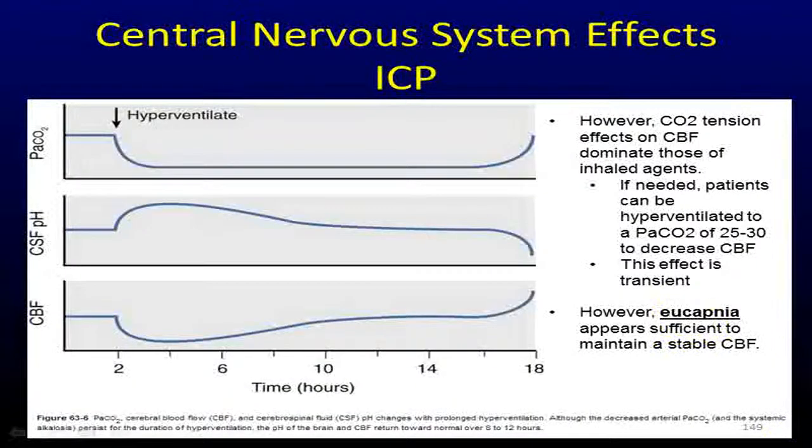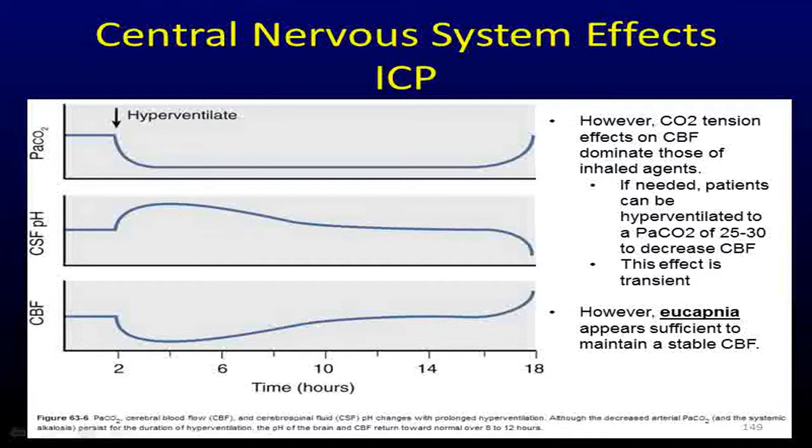And then I added this. This is just an extra for you guys to illustrate why we like to keep our patients eucapnic. It has not really anything to do with gases, but a nice little tidbit here. If I start hyperventilating you, and I keep you hyperventilated at a CO2 of about 20 for 8 hours, eventually that becomes your new normal.